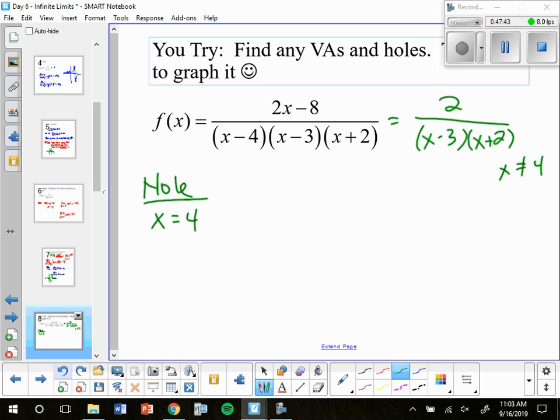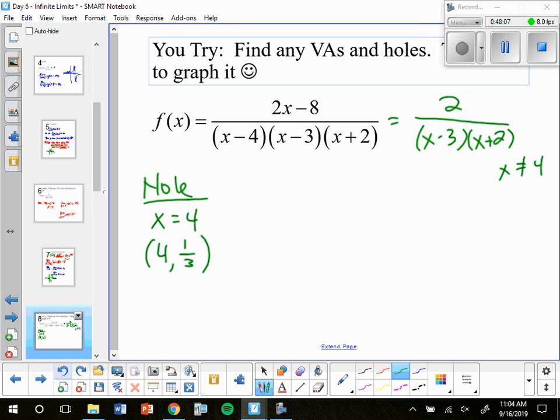And how do I actually find out what I'm approaching as I go to 4? You put the limit as x goes to 4. I can plug it in here because that's already factored and simplified. And so I know that my hole is at 4 and it goes to 1/3. So that's where my hole is. My limit as x goes to 4 equals 1/3 of this function.